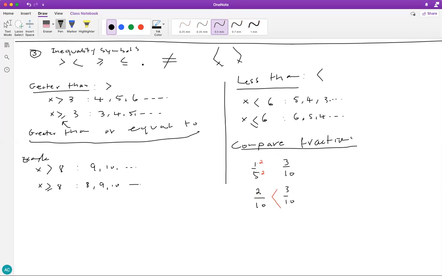You want to make sure that the denominators are the same. Otherwise, it will be hard to tell unless you divide the two fractions and get the decimals or something. So turn all your fractions into the same denominator before you compare them.